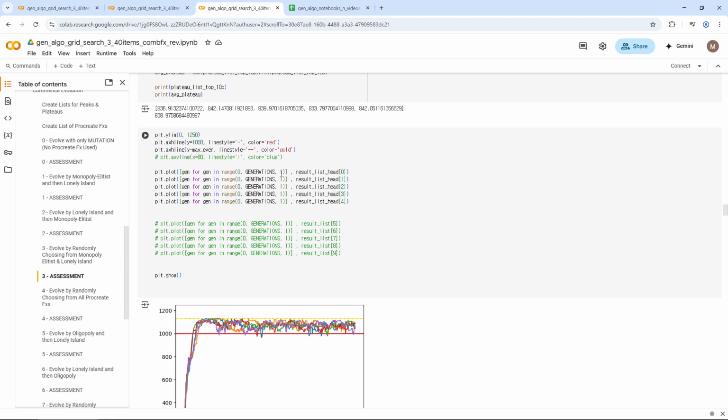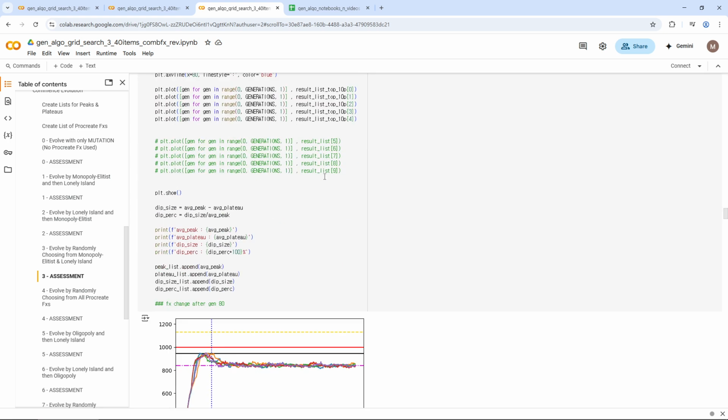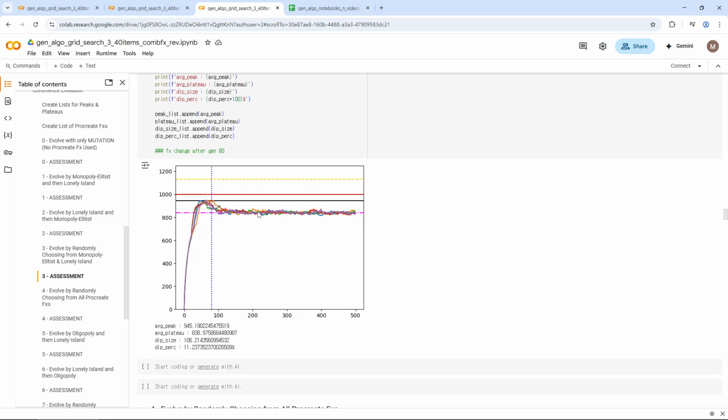And when we look at the result heads, there's slightly less oscillation, but still bigger than when we just use Lonely Island towards the end. That's what I mean. And here are the plots for the top 10%.